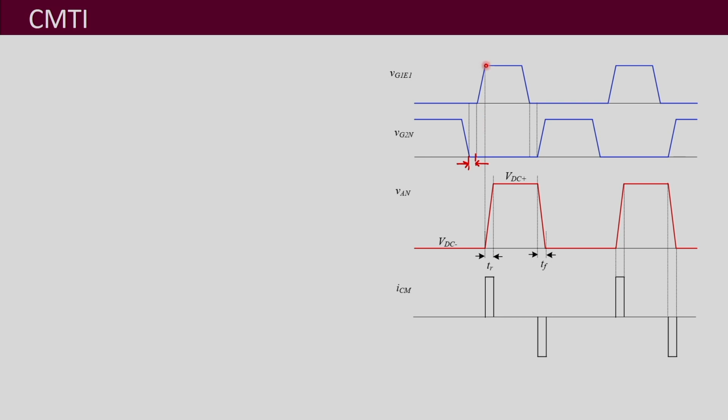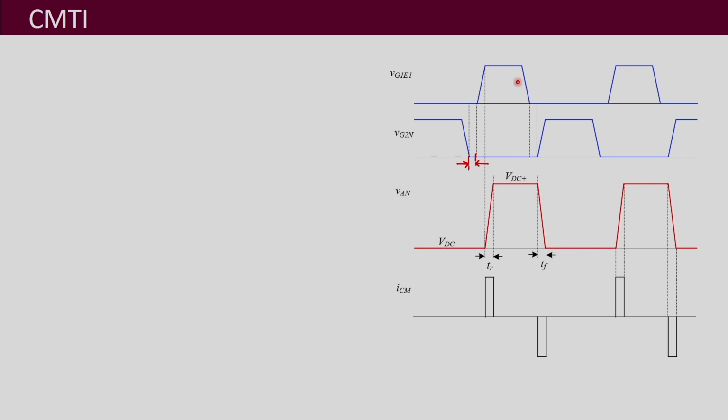After this upper transistor has turned on, this starts to increase, and then we have a certain rise time, because it is not going to turn on instantaneously, it will take some time, and it reaches VDC plus. So this is your VAN voltage waveform, how it will be appearing.